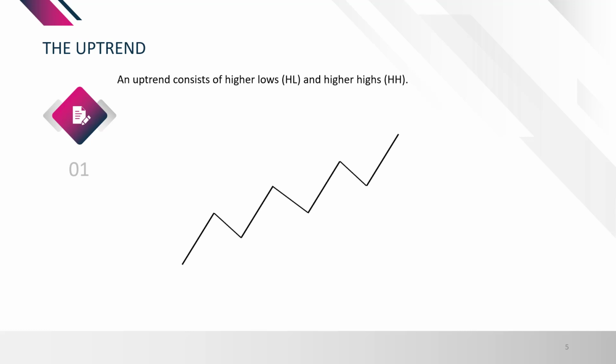So when you open a chart, clearly this is a theoretical presentation, and on a chart it doesn't look like the way we are presenting it now, but it's for you to get a clear idea of what an uptrend looks like. So when you open a chart, market will be moving in an uptrend, or market will be bullish, and it will be forming what we call higher highs and higher lows as it moves.